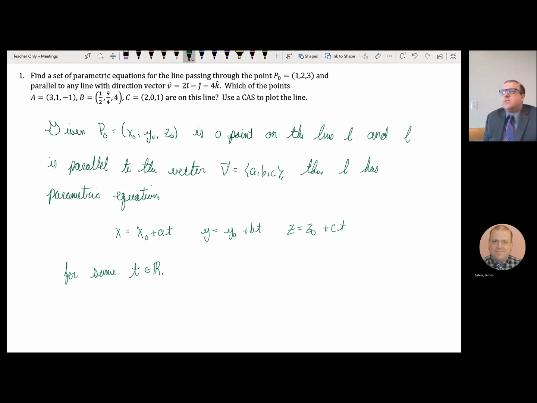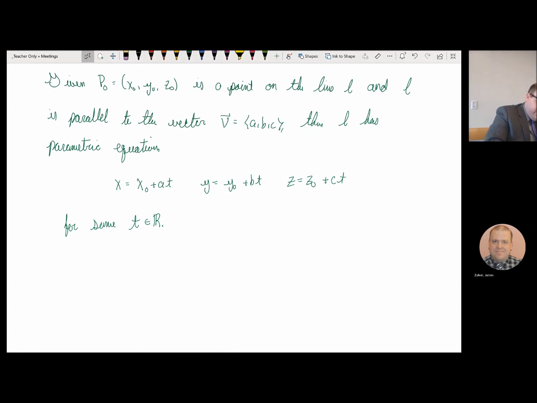This is how you would find the parametric equations of the line. If none of the components of the direction vector are 0, we have symmetric equations as well.